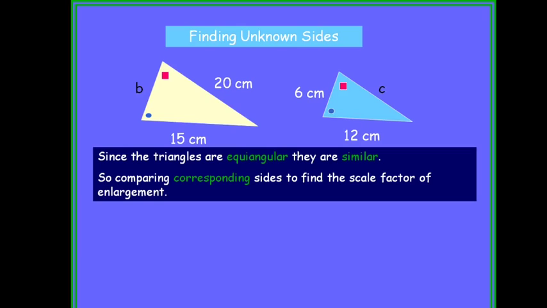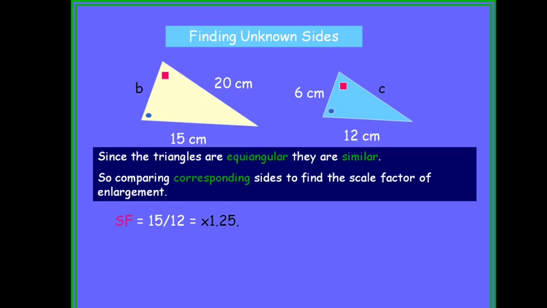We have two triangles on our screen. Since the triangles are equiangular, they are similar. So we compare corresponding sides to find the scale factor of enlargement. The scale factor of enlargement from triangle 1 to triangle 2 is 15 upon 12.